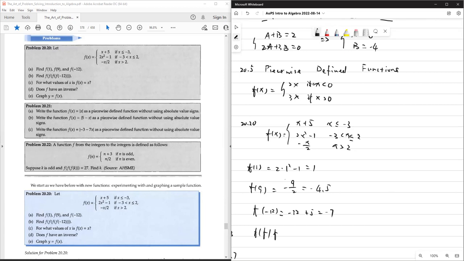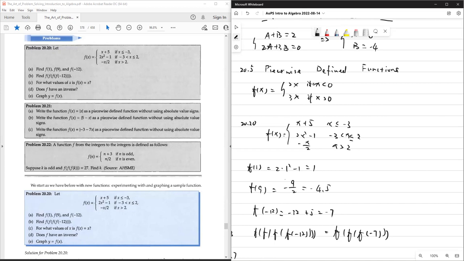I think it's 4 layers. You're like, what is this? Again, when you see nesting, it's like peeling off the onion, you do one at a time, right? So f of negative 12, we know it's negative 7. So this is f of f of f of negative 7. You just replace this whole thing with this value, negative 7.